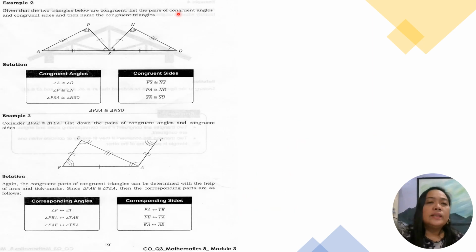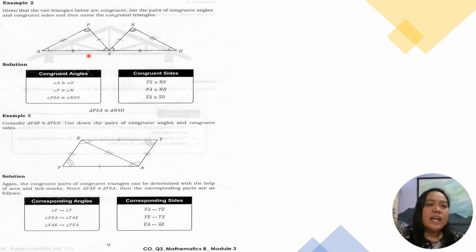Now let's go to example number 2. Given that the two triangles are congruent, triangle PSA and triangle NSO.